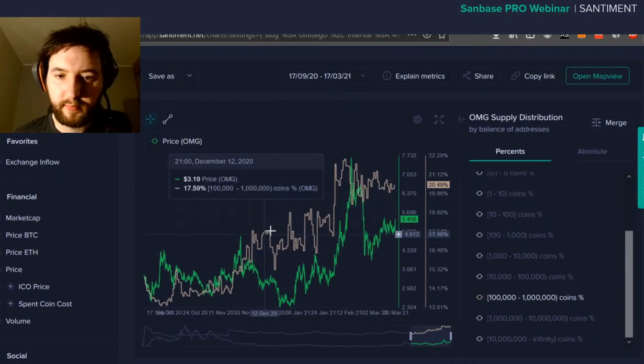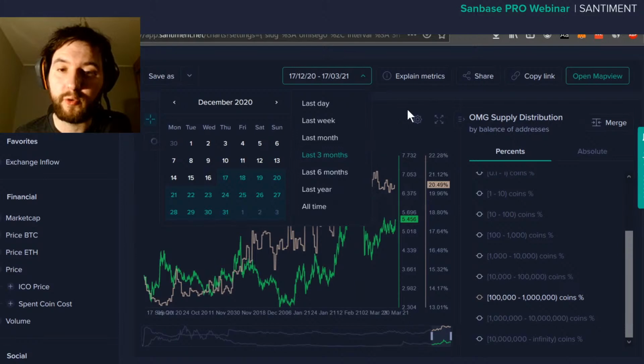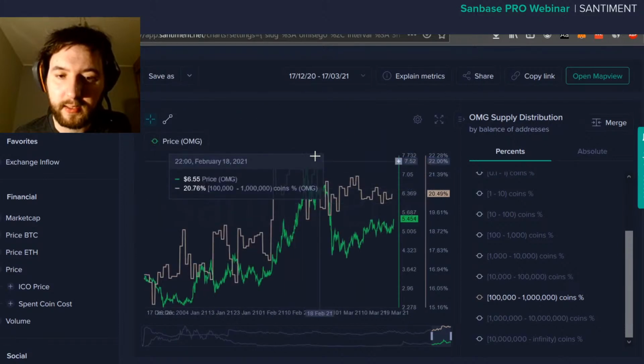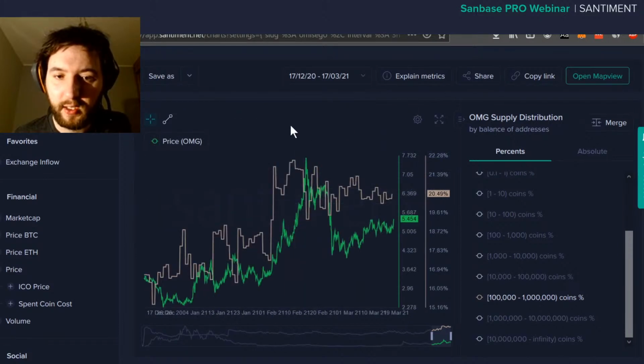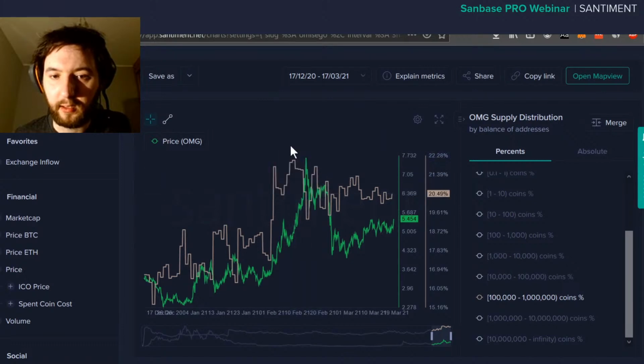Generally, you can see that OMG holders, the general pattern has been up or accumulation. If we zoom in, however, especially around this all-time high for OMG, after a period of accumulation, we first had a decline around this local top here, and then another sort of pretty big dip in the total amount of OMG being held by addresses holding between 100,000 and 1 million OMG here.